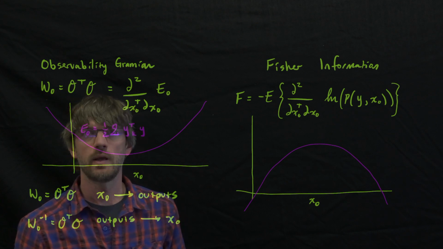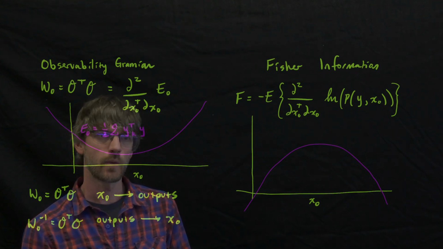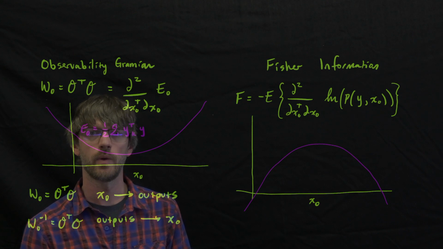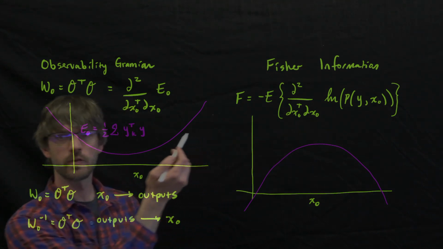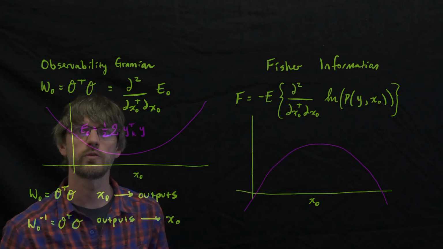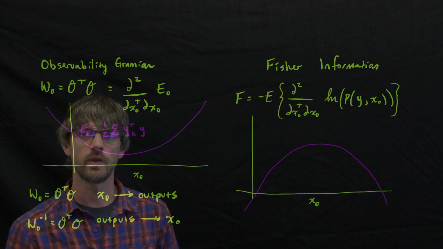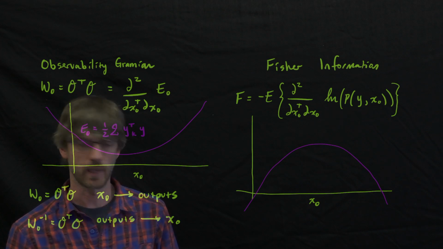So the expectation is necessary to handle that uncertainty. The negative there is pretty intuitive. For the observability Gramian, we had a parabola that you see right here, whereas for the Fisher information, we have the inverse. And so in order for those two values to match, we need those curvatures for the Fisher information to be multiplied by negative.